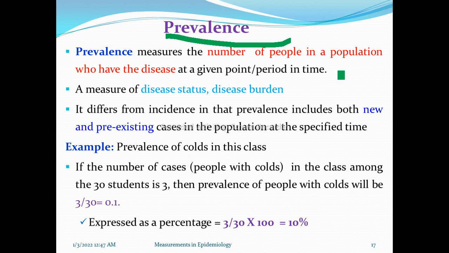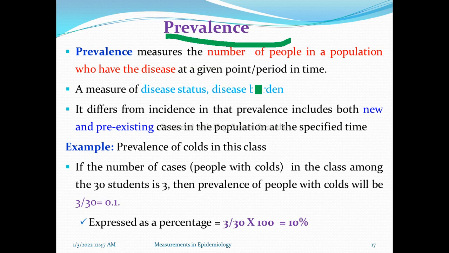Prevalence estimates how many new and pre-existing cases are found at a particular point or period of time in a specified population or population at risk. This is known as prevalence, a measure of disease status or disease burden. Prevalence shows us the disease burden in one's community.